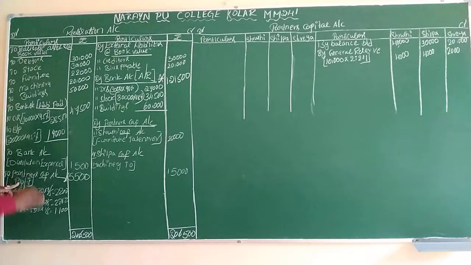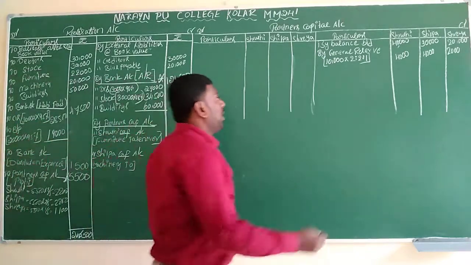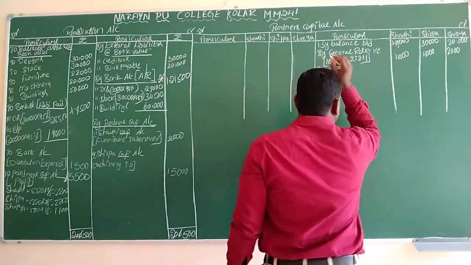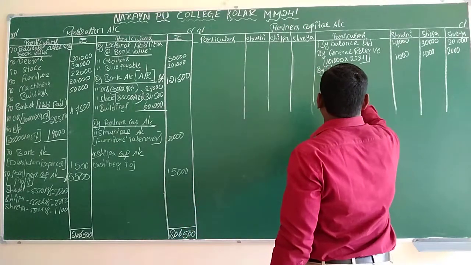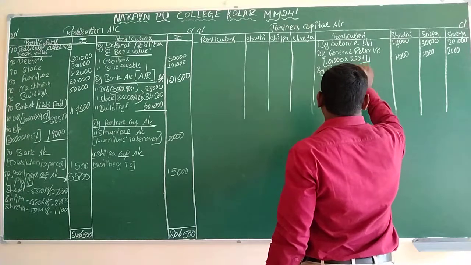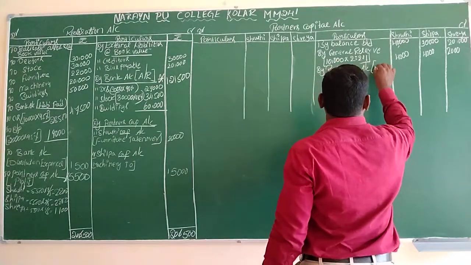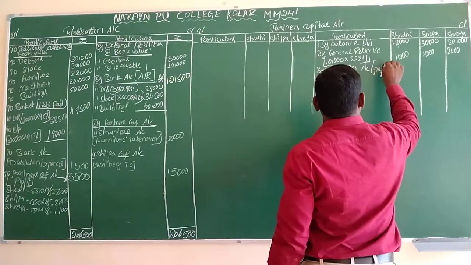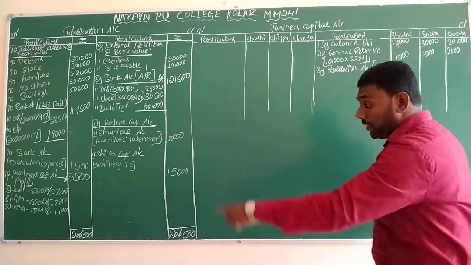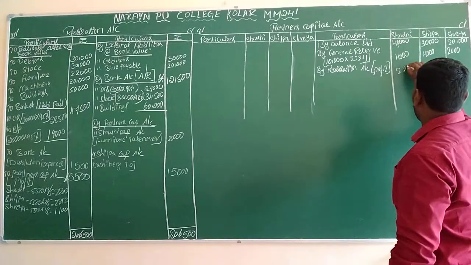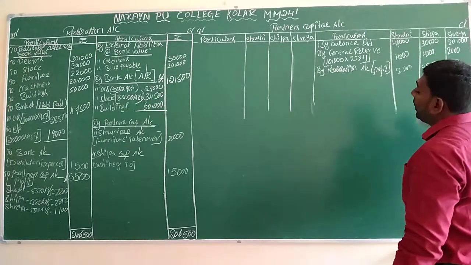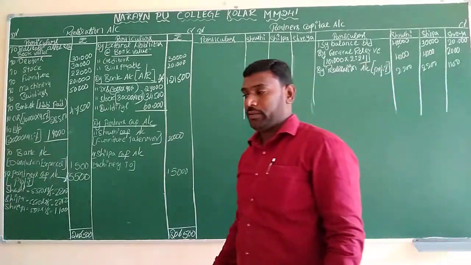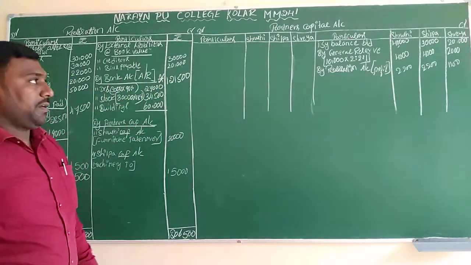The debit side we recorded the value, the same value we record on the credit side of the particular partner's capital account. So from where do we record this value? By realization account, and in brackets we mention profit. That profit we distribute: 2,200 for one partner, 2,200 for another partner, 1,100 for the other partner. First we have to transfer this.